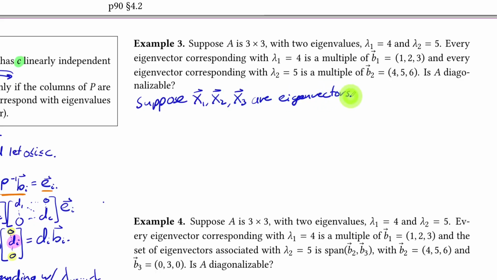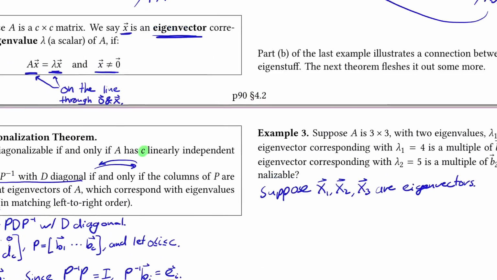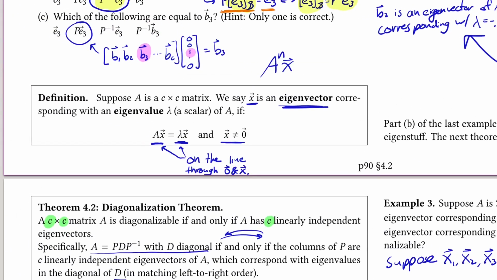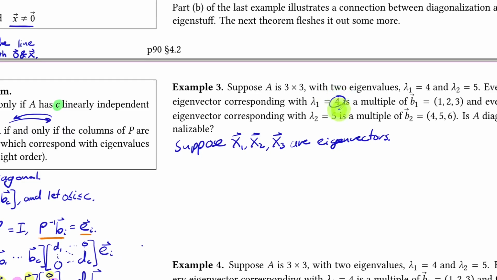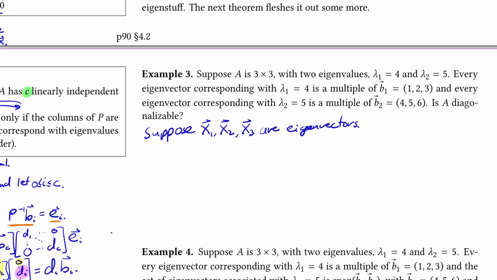Now, to be an eigenvector, you must be associated with an eigenvalue, and that eigenvalue must be either, in this case, 4 or 5, and there's only 2 of them. So it might be that x1 and x2 are associated with 4, and x3 corresponds with 5.